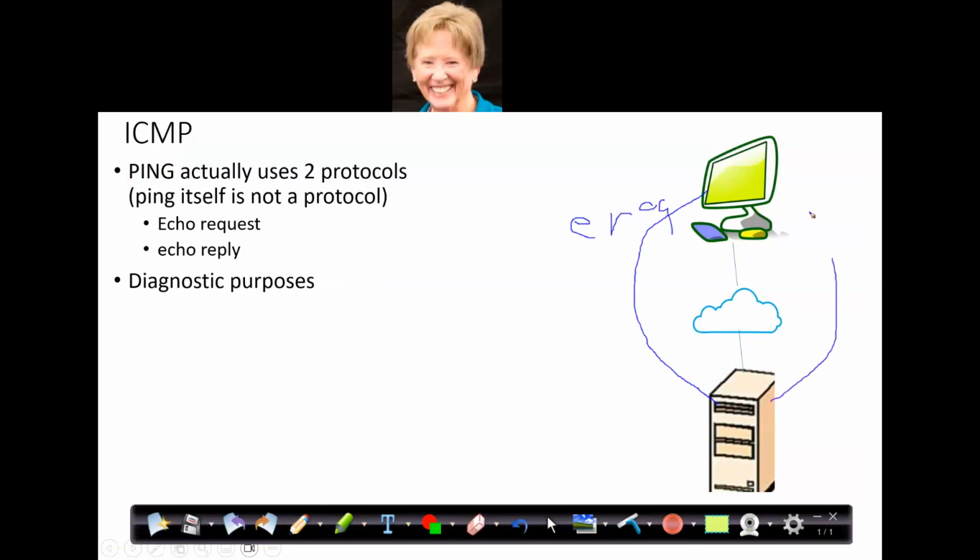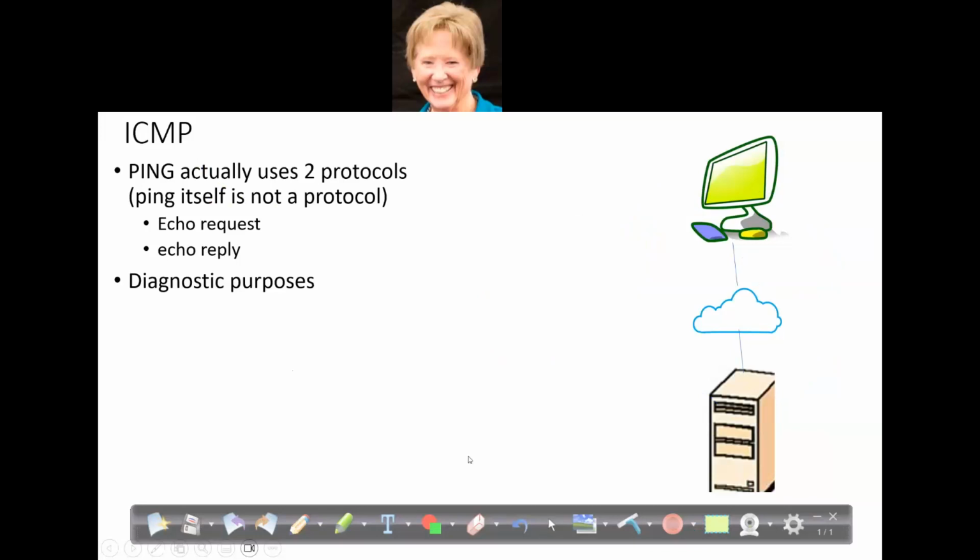If I'm sending something back, that's a reply. And really awful writing with this pencil. So echo requests, they even have 2 different TCP ports. I think one is 8 and one is 7. So ping is not the protocol. Ping uses the protocol called ICMP. Echo request, echo reply, and it's for diagnostic purposes.